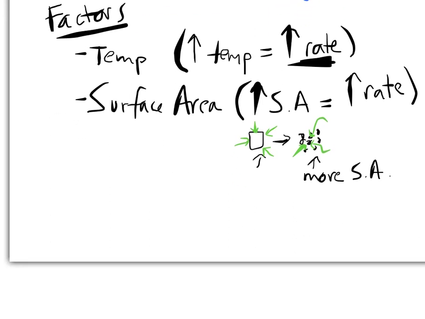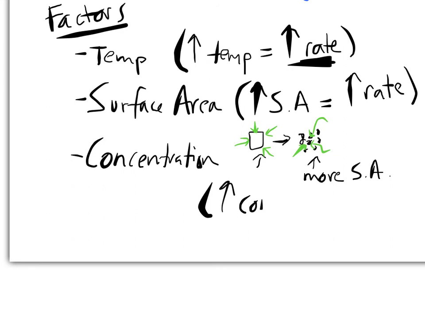We also learned that you can change the concentration. And this is very simple. The idea is if you have a greater concentration of reactants, you're going to have a faster reaction rate. So just think about it simply.